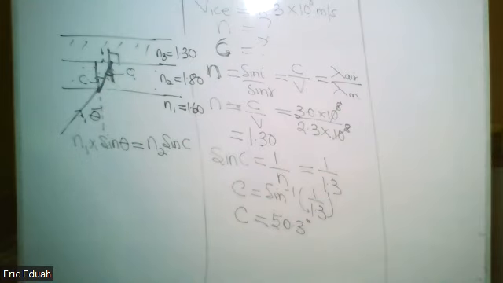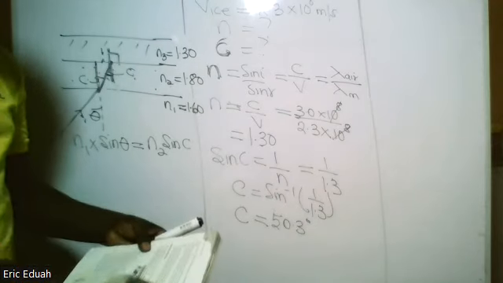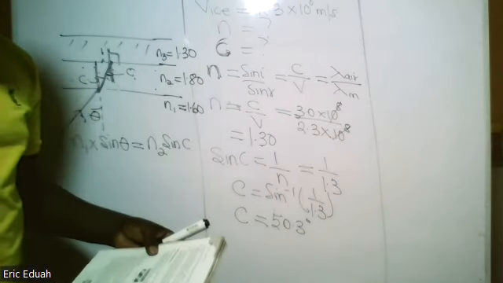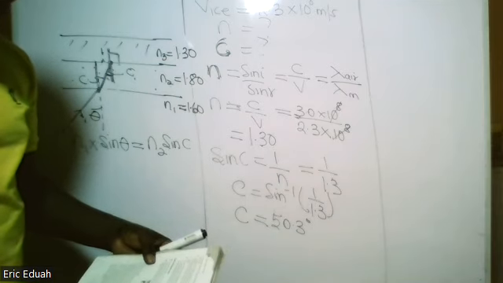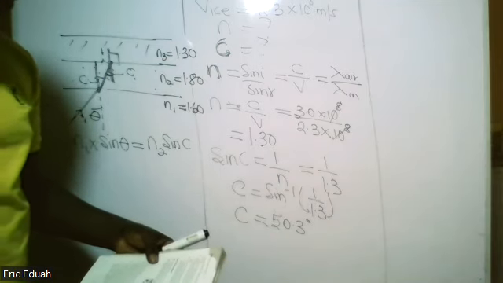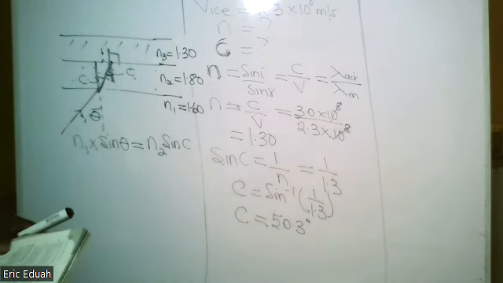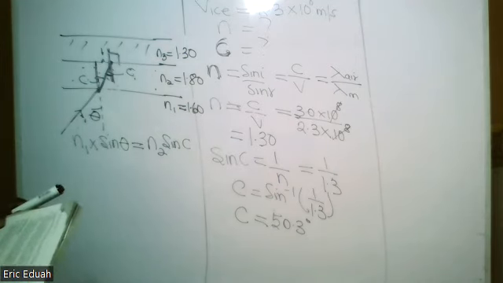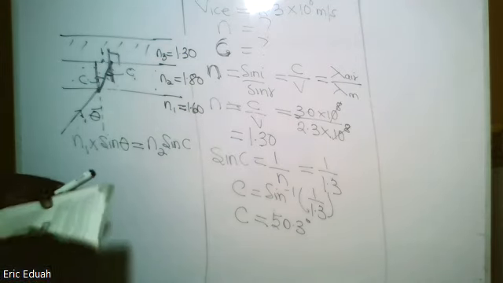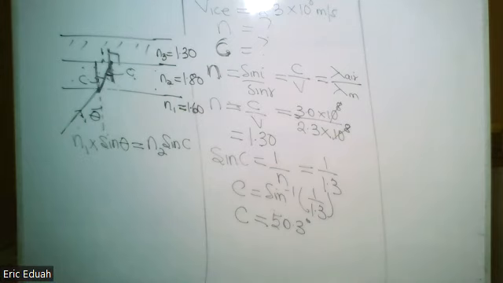Okay. Now we are listening to the question. In the figure, light refracts from material 1 into a thin layer of material 2. Crosses that layer and then is incident at the critical angle on the interface between material 2 and material 3.